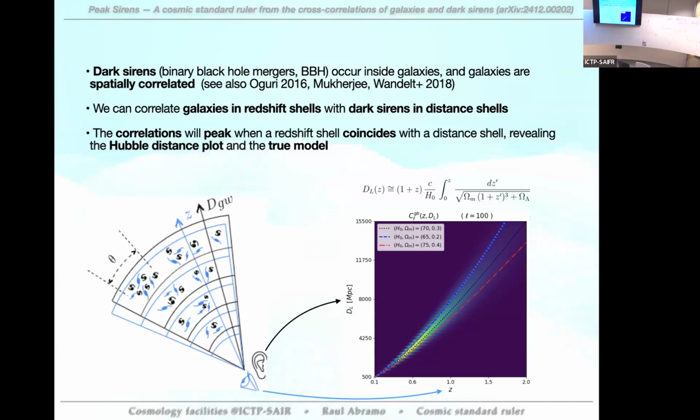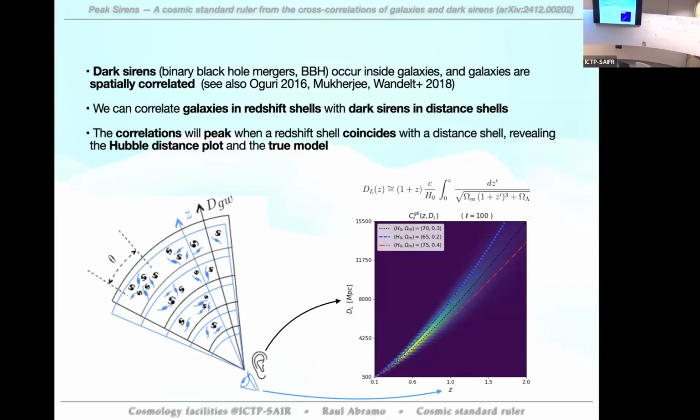Just to be sure, we possibly were not the very first to think about something like this. There was a paper by Oguri in 2016, and also another one by Mukherjee and Van Delt. But Oguri was looking at the lensing signal, which we also compute here. He never drew a picture like this; he was looking at something similar, but not this kind of observable.